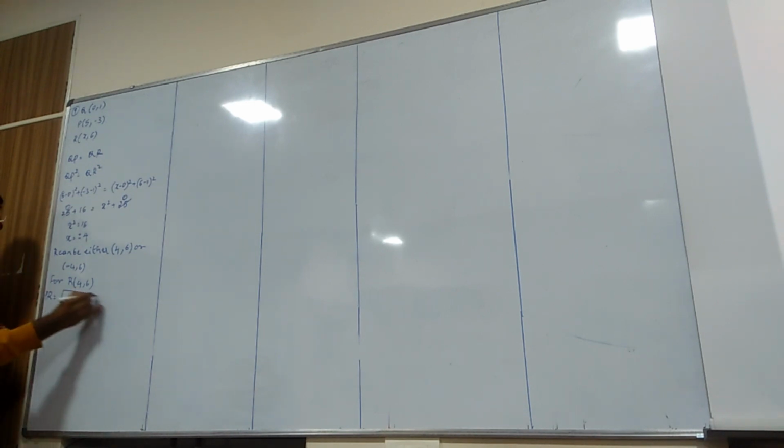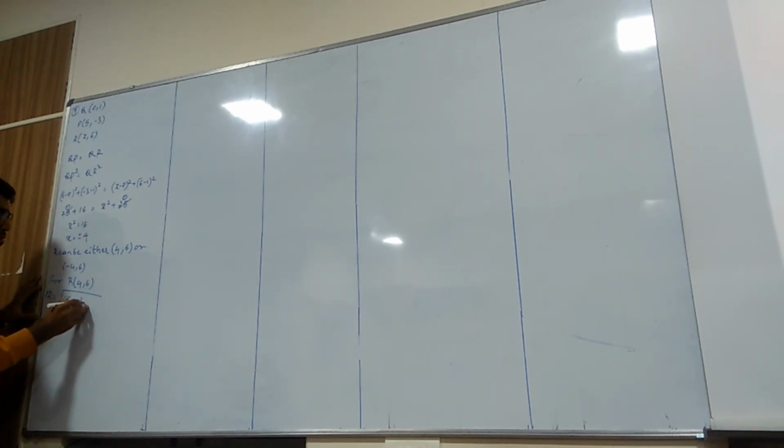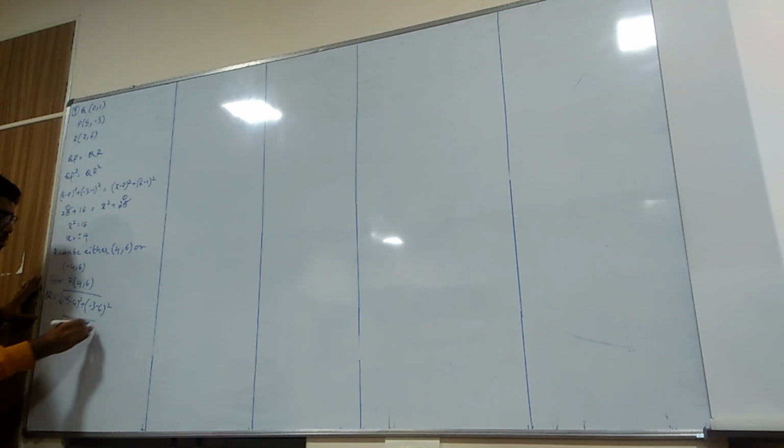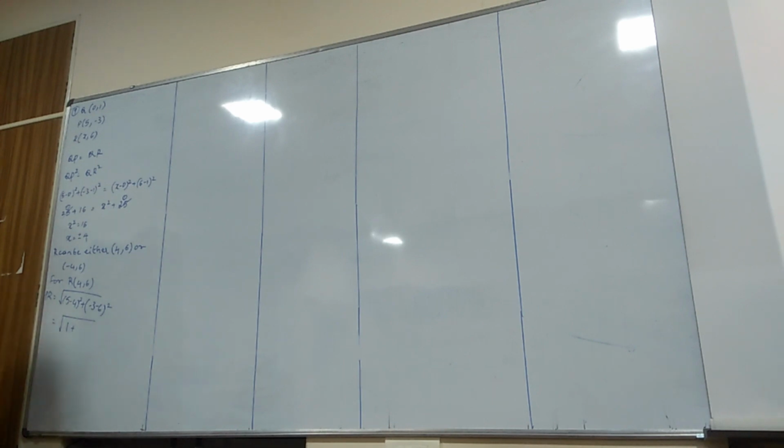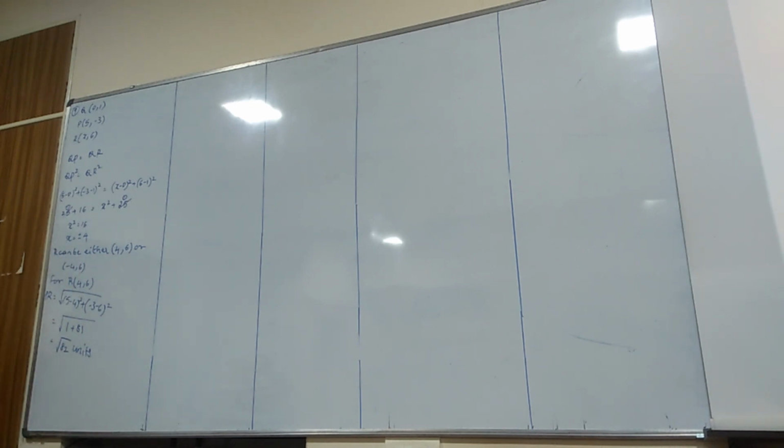PR is equal to root of, what is P? (5 minus 4) the whole square plus (-3 minus 6) the whole square. 5 minus 4 is 1, 1 square is 1, plus -3 minus 6 is -9. (-9) the whole square is 81. So root 82 units. Similarly, for one more they have asked us to find QR.